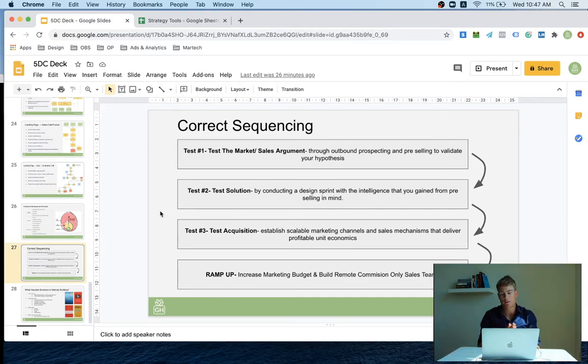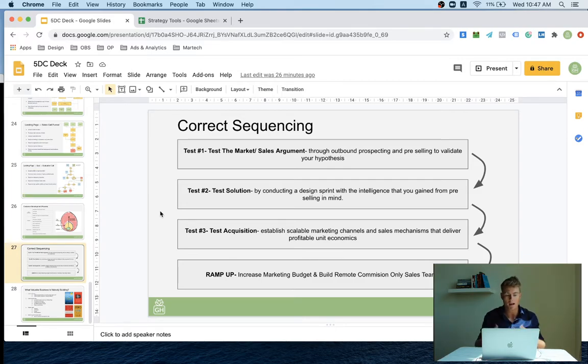So to flip that around and do things in a different way, the first thing that we need to do is define our customer and create a sales argument, and then go out to the market and test that hypothesis. By testing the hypothesis in this way with low cost methodologies like outbound prospecting, it allows us to validate if the people that we're targeting are willing to pay the amount that our service costs for the transformation that we are promising.